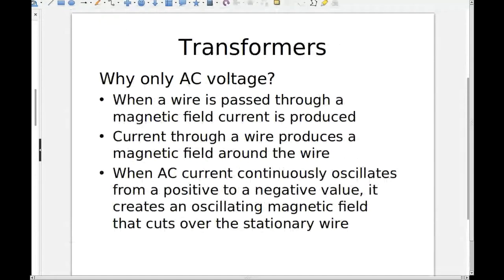All right, the reason that it only works with AC is because we're passing that energy through this magnetic core by creating this magnetic flux, and then we're flipping it over and taking it back out and generating it in the other way. It's this change in the magnetic energy within that core that is then passed on to the second coil.